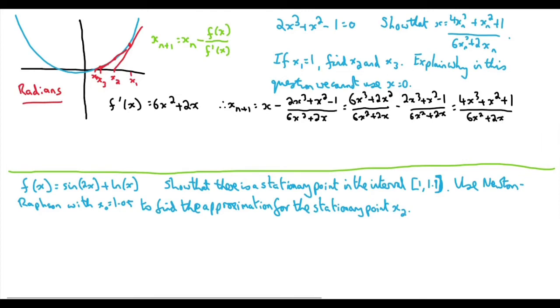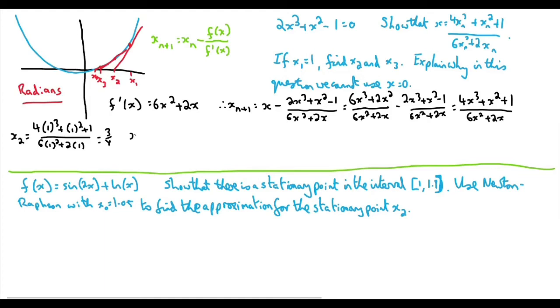Now that we've shown this, if we are to start plugging in x values and getting values out, your x2, because we're starting with x1 this time, per the wording of the question, you would have 4 lots of 1 cubed plus 1 squared plus 1 over 6 lots of 1 squared plus 2 lots of 1. This would give you a value of 3/4.